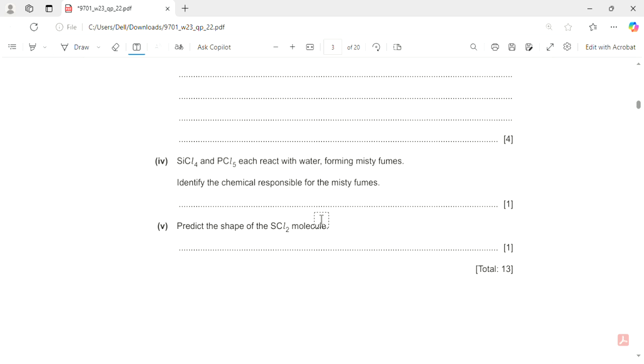Now silicon chloride and phosphorus chloride each react with water to form misty fumes. Identify the chemical responsible for the misty fumes. Misty fumes, I think HCl is the only choice.